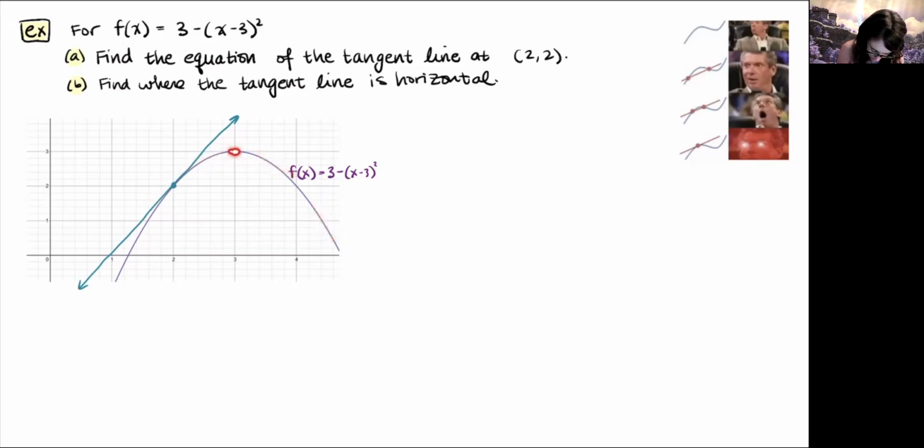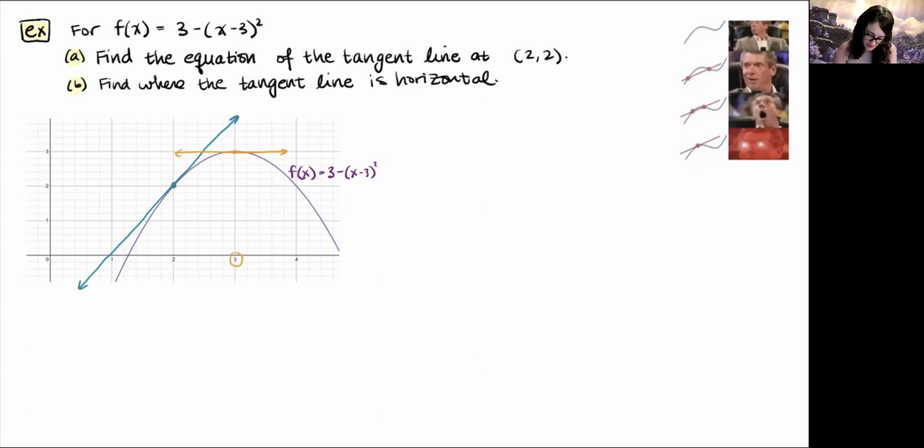And right about somewhere here in the middle, we have this horizontal tangent line. So it looks like right here, at x equals 3, is where the tangent line is going to be flat. This isn't the answer to the question necessarily. We want to do this algebraically, but you should always get a sense of the situation by looking at a graph, because it can be helpful and affirming that what you did is right, or it may tell you that you made a little mistake somewhere and you've got to go back and look for it.